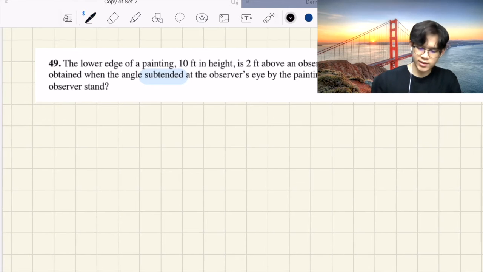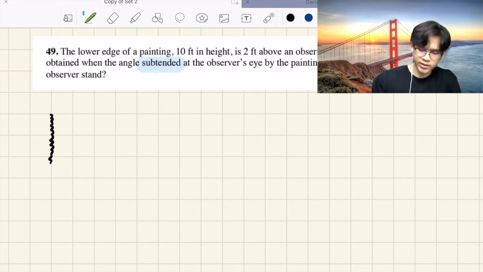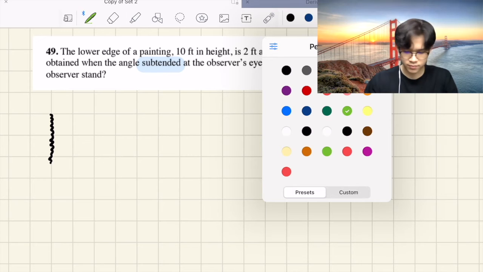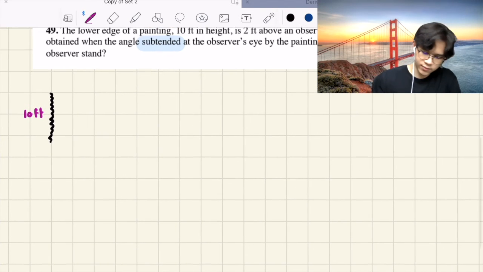So let's illustrate the picture first, so we can see a clear picture for this problem. Let's say this is the painting with the height of 10 feet. Let me use another color. 10 feet.